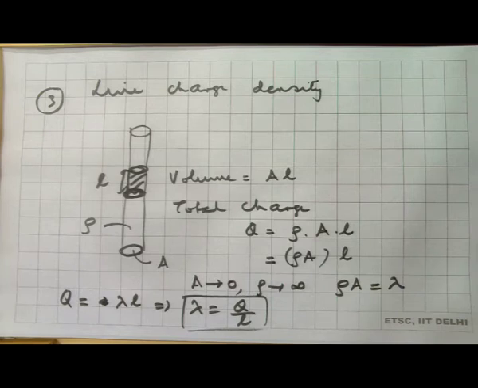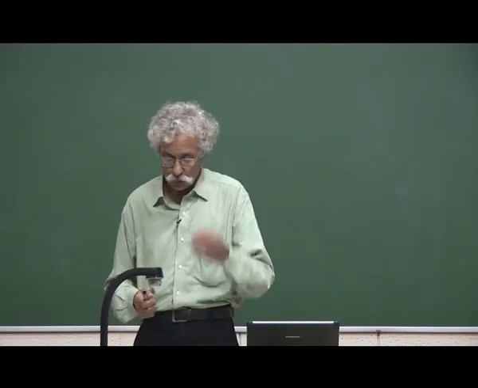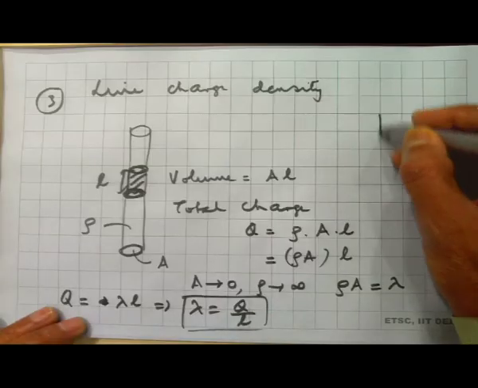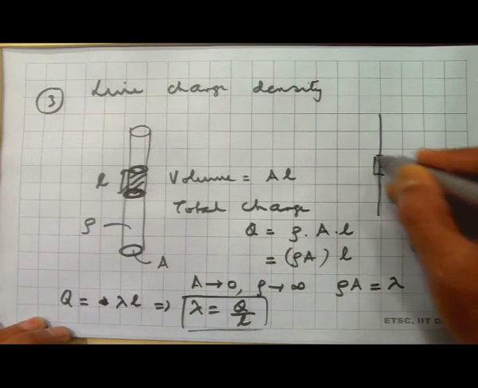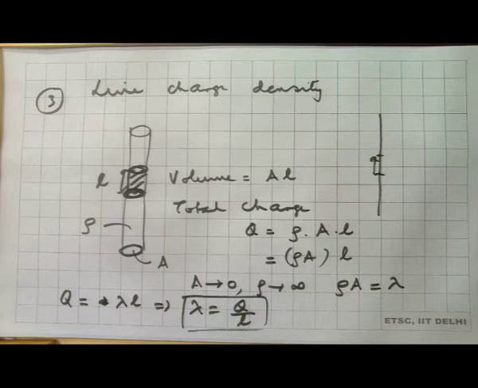So, this is called a line charge. It is a line, and you know line has no thickness. So, the line is just one line in which it has no thickness, and I take a unit length of this line, and I will find a charge is equal to lambda.